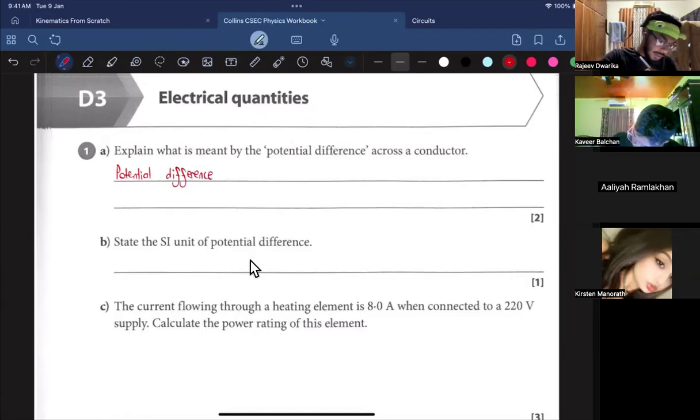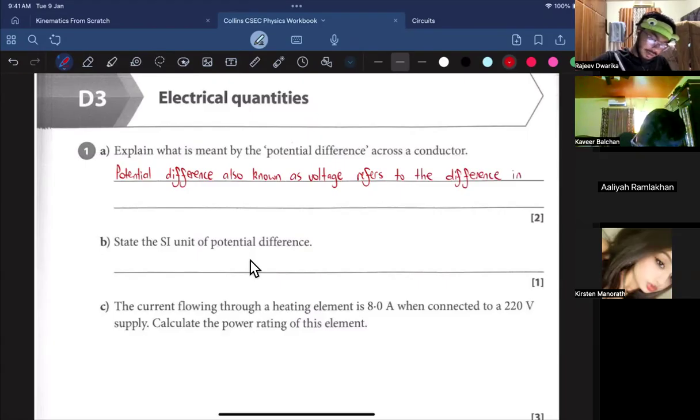So potential difference, also known as voltage, refers to the difference in electrical potential energy.